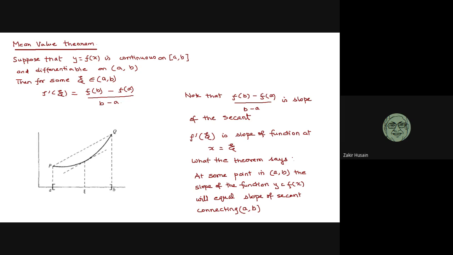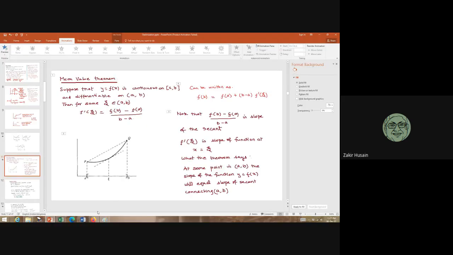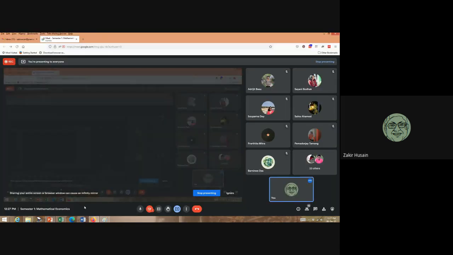That is, the secant and tangent will be parallel. Okay? Is this clear? Yes, sir.